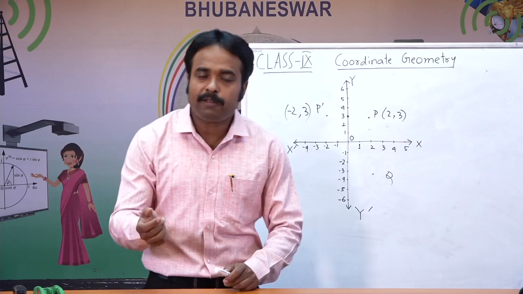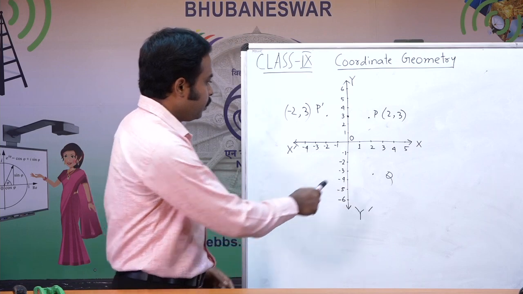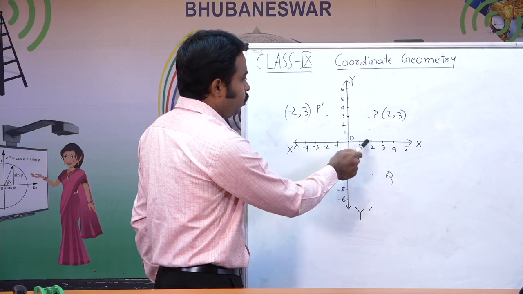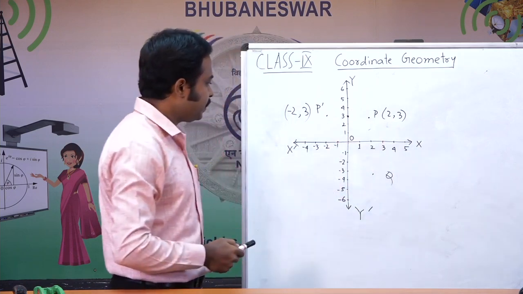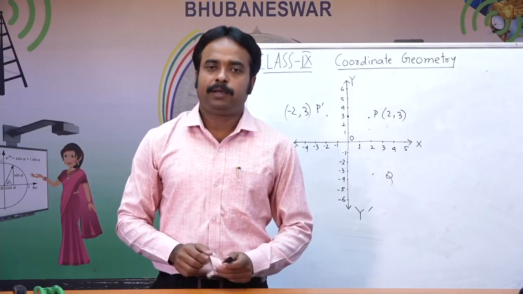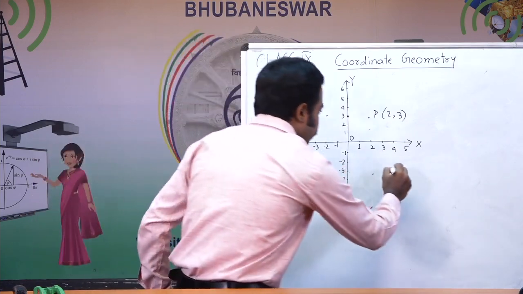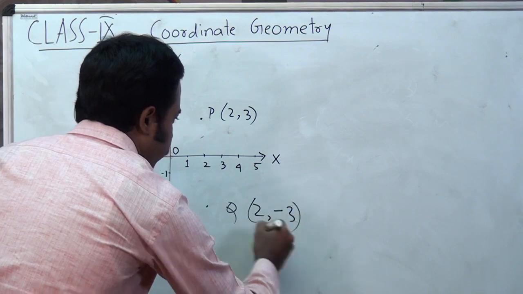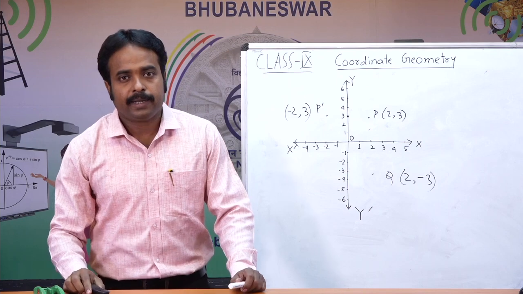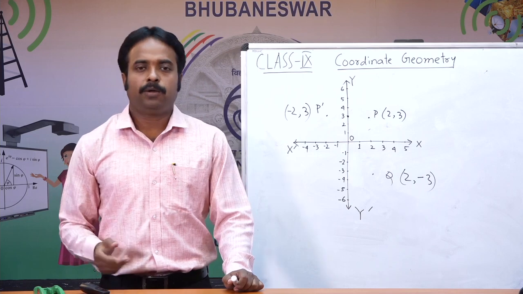Now, you may easily find the coordinates of the point Q. To find the coordinates of Q, we have to go 2 units along the positive direction of the x-axis and 3 units along the negative direction of the y-axis. Therefore, the coordinates of Q are (2, -3). So, in this way, we can find the reflection of any point with respect to the x-axis or y-axis.